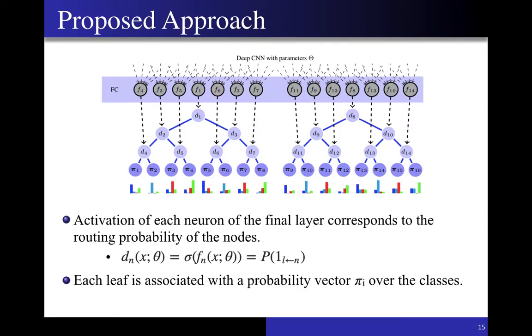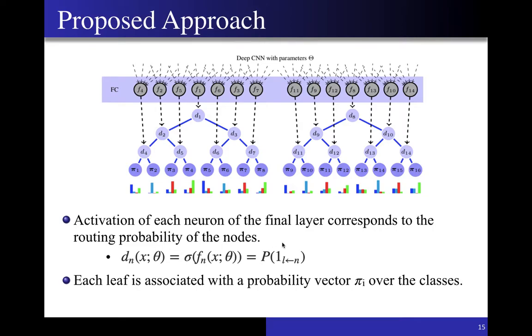The output of this fully connected layer is passed through a sigmoid function, and these values are used as probabilities of the internal node. So this Fn represents the output of these neurons of the fully connected layer given the parameters theta, passed through a sigmoid function, and this determines the probability or the value of the function dn for node n.